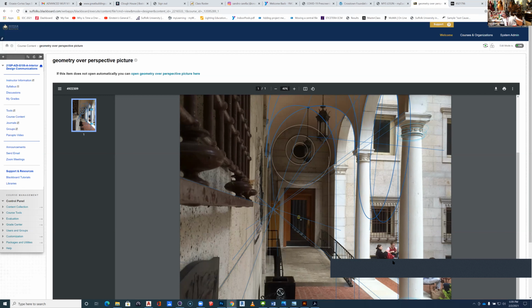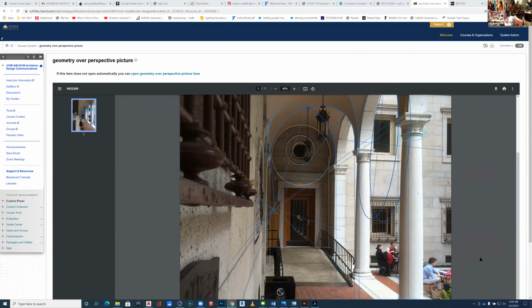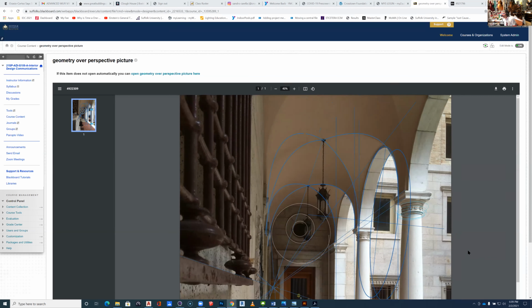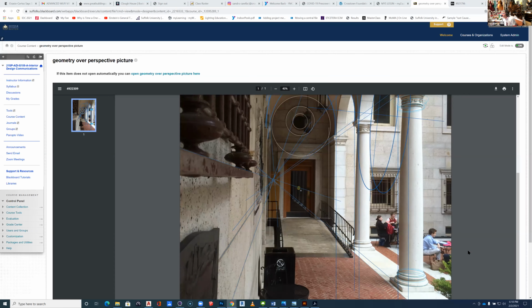Can you see this? A picture with a bunch of lines on it in color. Yes. That's what you're looking at? Okay, so that's up on Blackboard now. And what I've done here is actually drawn in Illustrator, another program that I'm going to hopefully teach you something about later in the semester, to outline what the shapes are that I'm asking you to recognize.